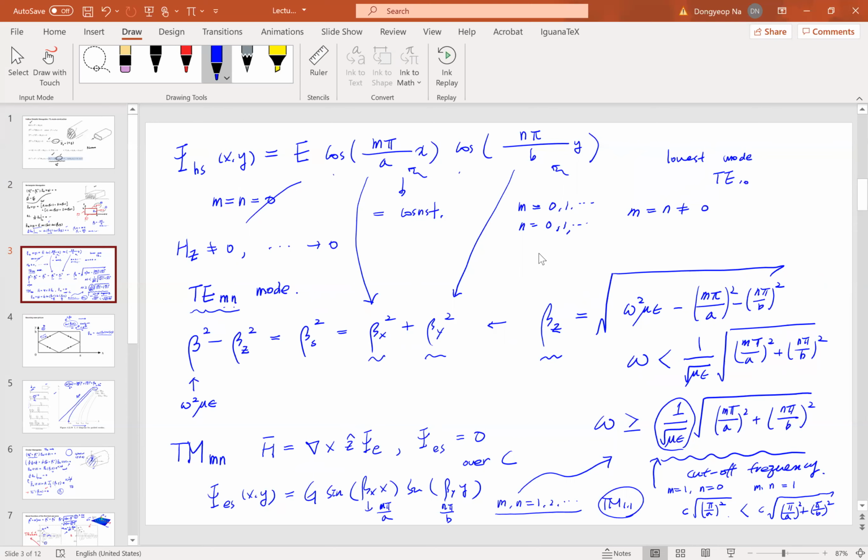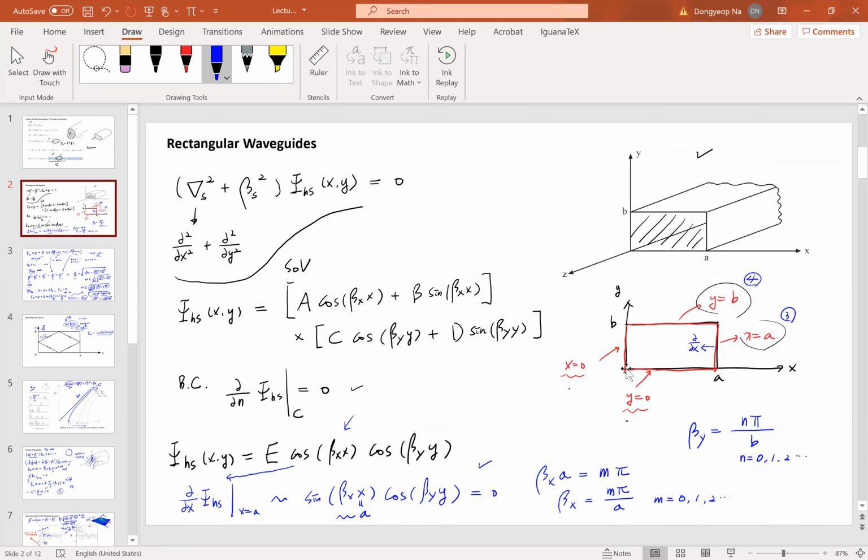In the TE mode case, these integers start from 0, but the mode where m and n are both 0 is not the solution of our interest. So the mode which has the lowest cutoff frequency corresponds to m equal to 1 and n equal to 0. That's because it is customary to assume that the lateral dimension a is larger than b.